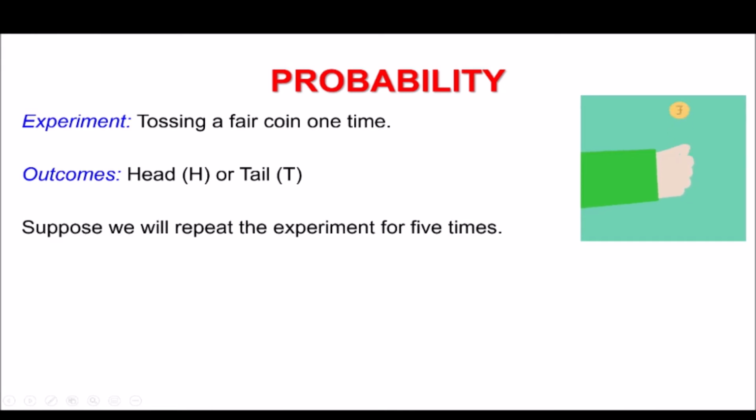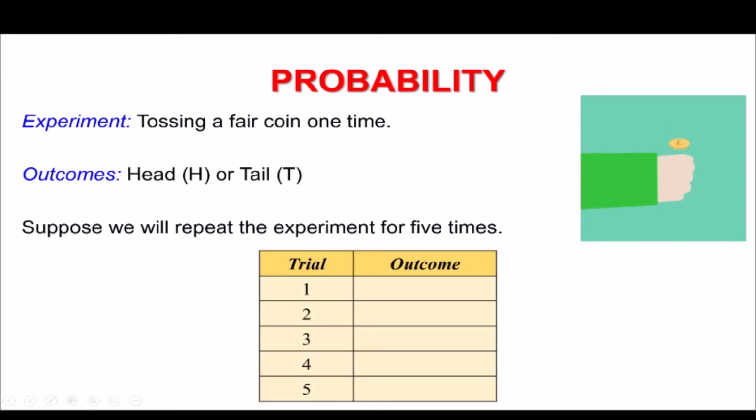Now, let's say we're going to repeat the experiment 5 times, and we record the results using this table. On the first trial, the coin lands on head. On the second trial, it lands on tail, then tail again. And then on the fourth trial, we got a head and then another head.